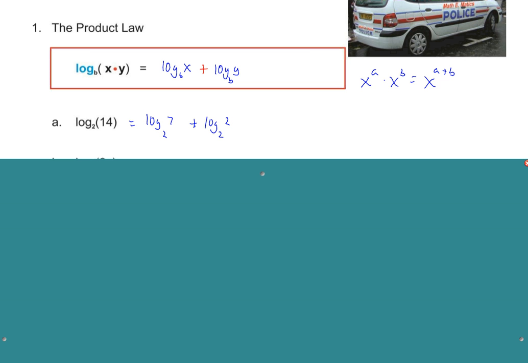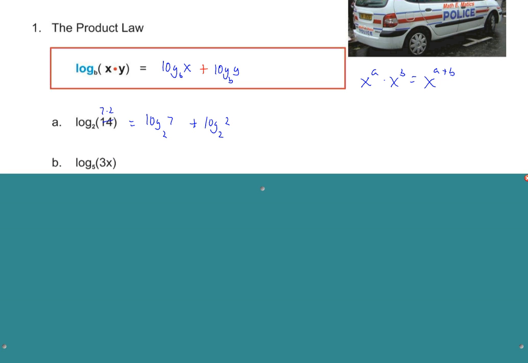And I could have done the order the other way, log of 2 in base 2 plus log of 7 in base 2, commutative property. Let me help you out: 14 is 7 times 2. So I did the log of 7 base 2 plus the log of 2 base 2, because 14 is 7 times 2. The 7 is like the x, and the 2 is like the y. Is that okay? So you have a product situation.